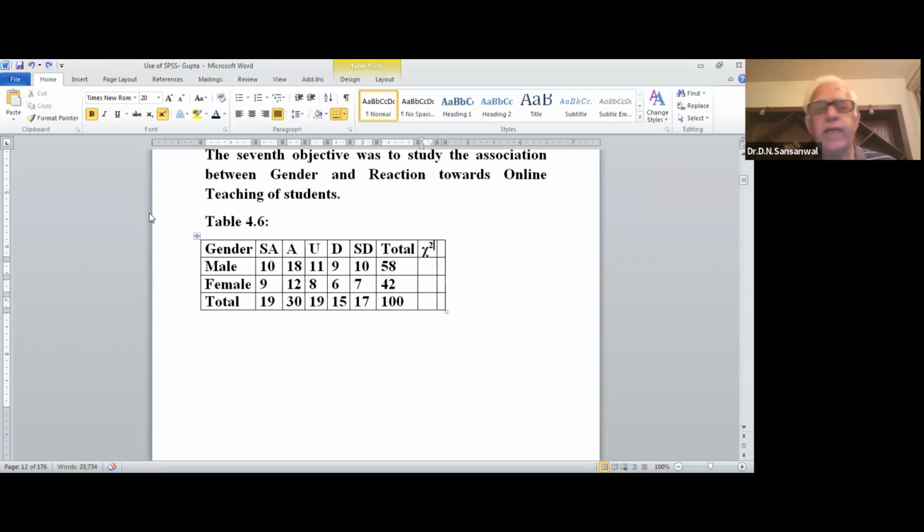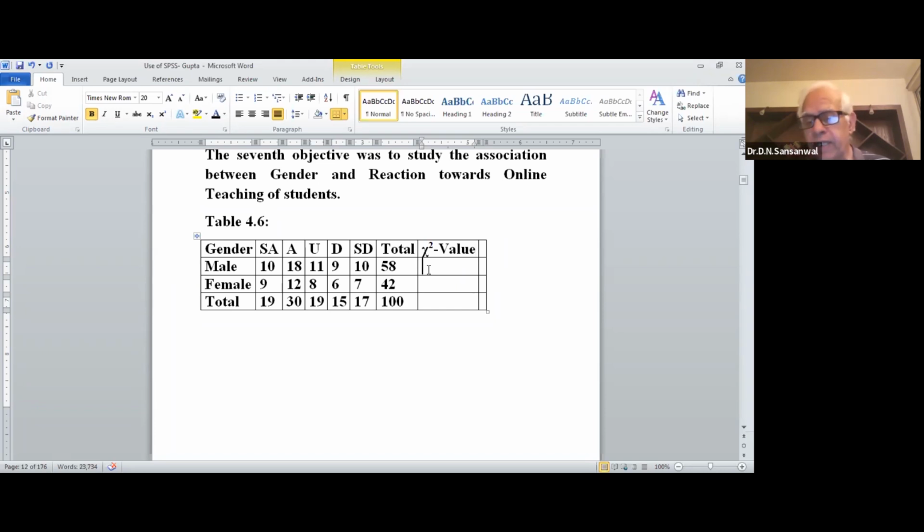This is the chi-square value. And these two you can delete if you so desire, because I cannot make that.